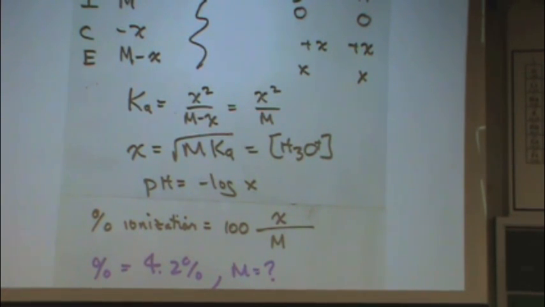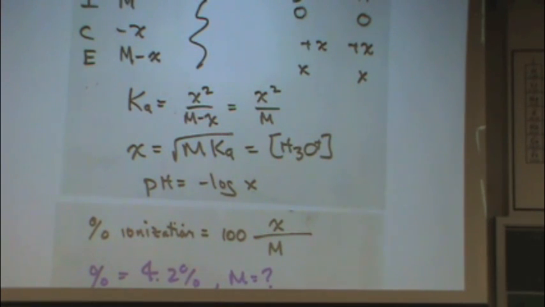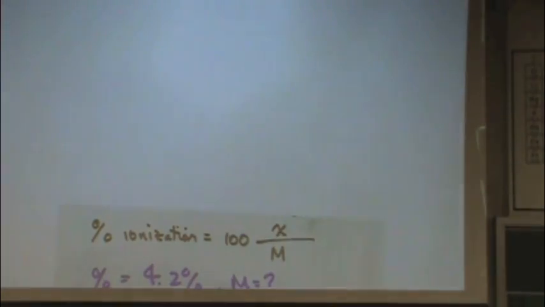You could find molarity, but you basically are going to go backwards. So you have this formula for percent ionization with X and M, and then you're going to go backwards to find M. And if someone has a specific example, I could do that when we get to our specific questions. But that would be the way a reverse problem would go. So we would give you this number, and then you'd have to find M. So it's the exact opposite of what's in black. Okay, so that's all I'll say about that for now. Definitely, if you have more questions, ask me when we get to our specific part.